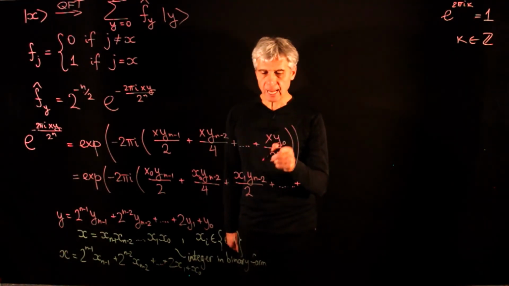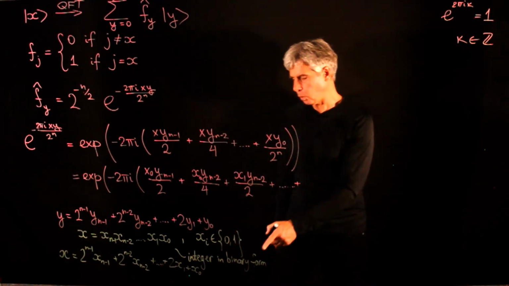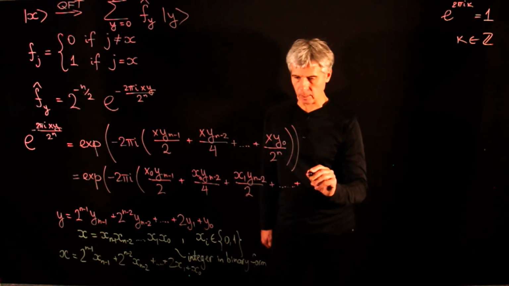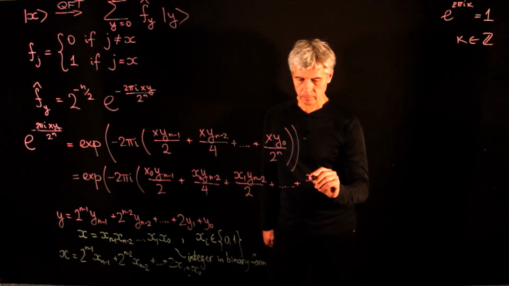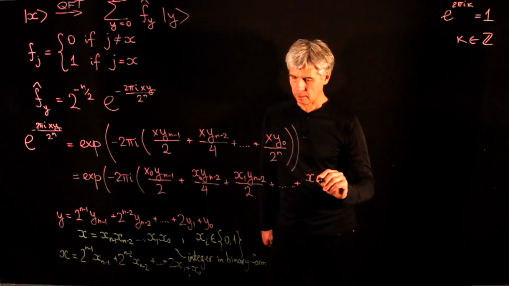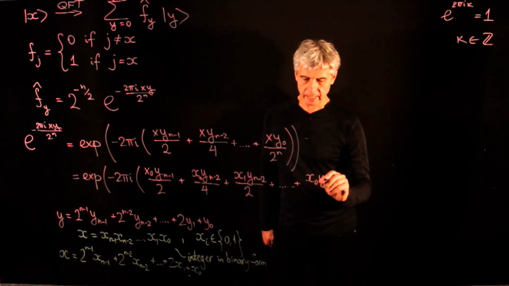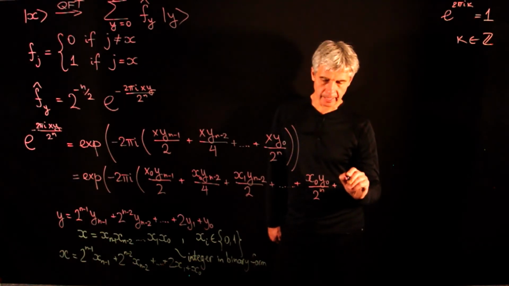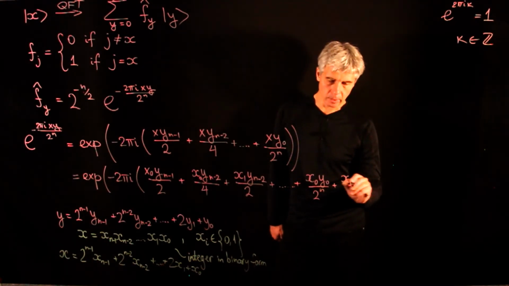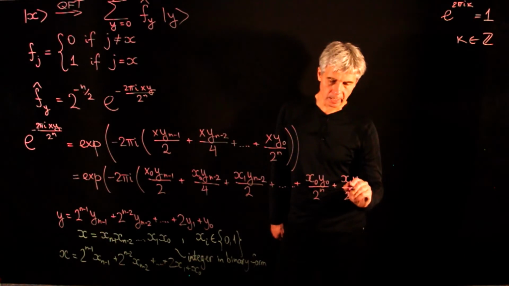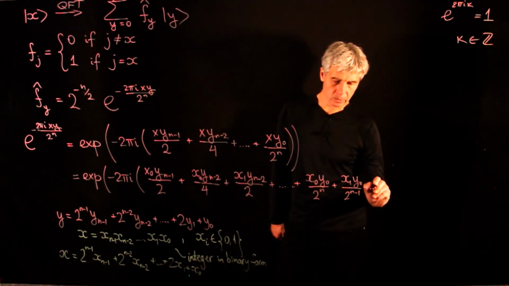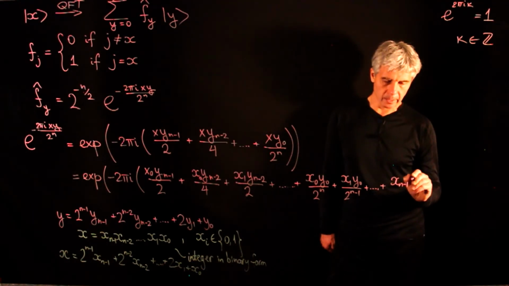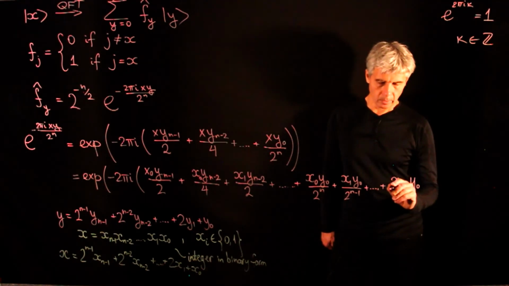And for the last term, all bits of x will contribute. So we're going to get x_0 y_0 over 2^n plus x_1 y_0 over 2^(n-1) plus dot dot dot plus x_(n-1) y_0 over 2.